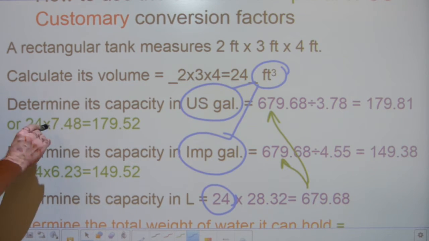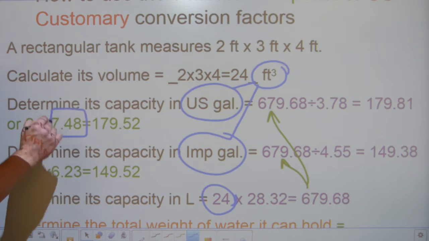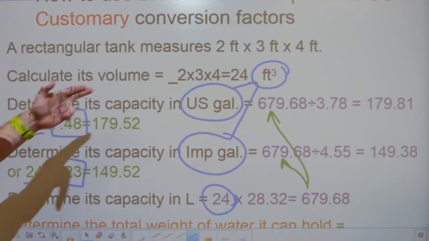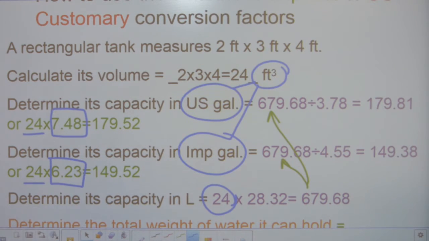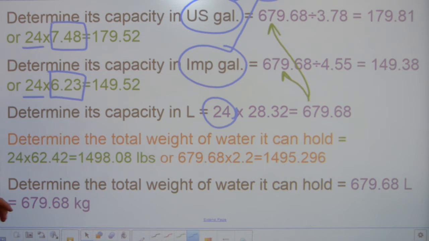So here 24 is featured in these conversions to start with, and they are multiplied by a conversion factor that's featured in another video where their meaning is explained as well as how they are used, but it ties cubic feet and US gallons directly to each other, or cubic feet and imperial gallons.